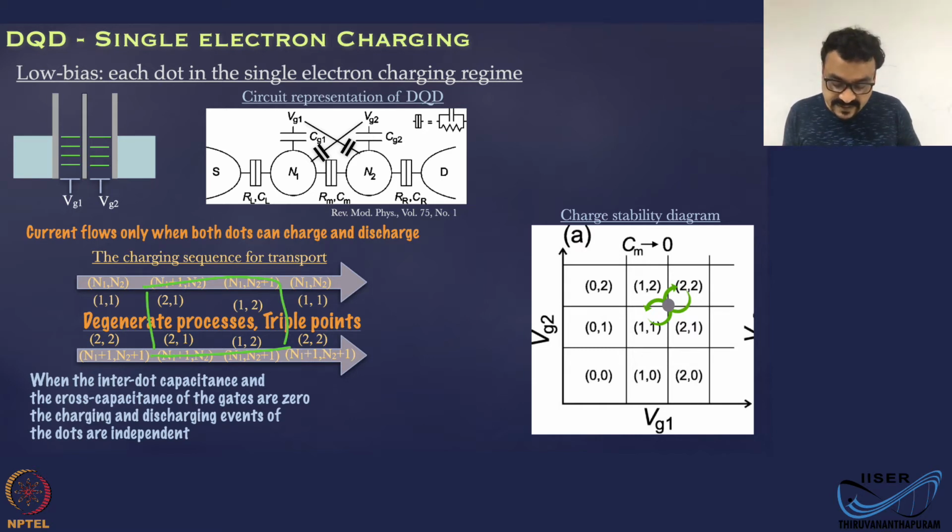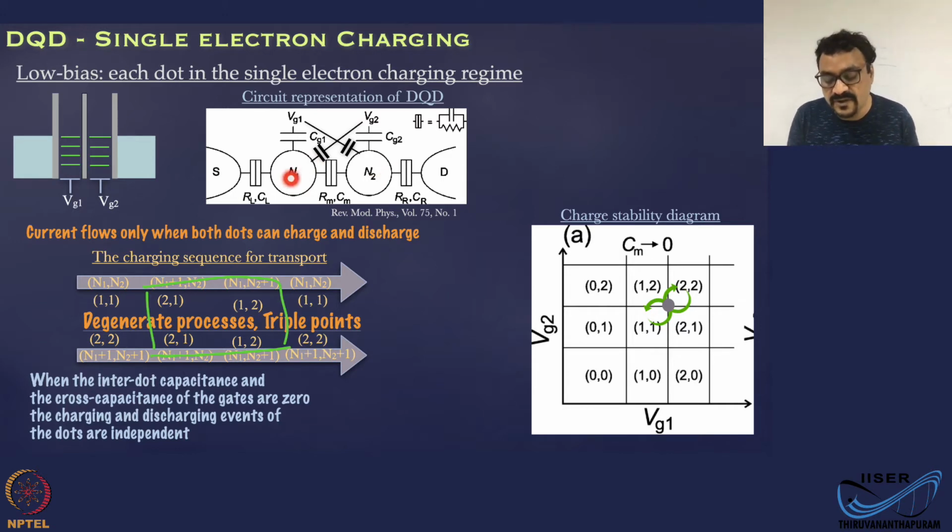So in this special case, when I'm saying cross capacitance and inter-node capacitance are not there, what that means is charging and discharging events of each node are not going to affect the other node. When you vary the potential of N1, you will not do anything to N2.